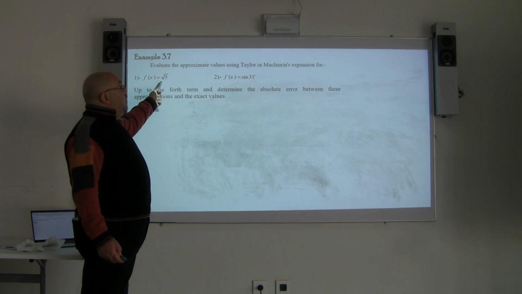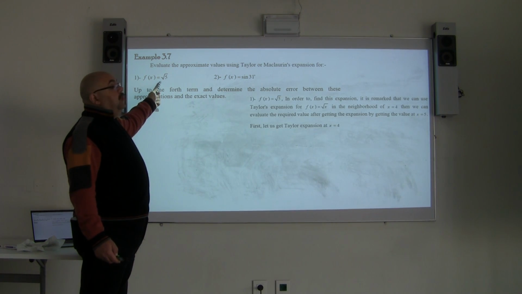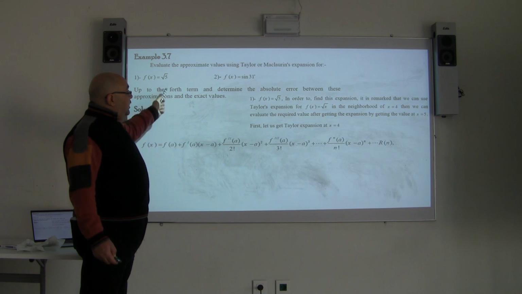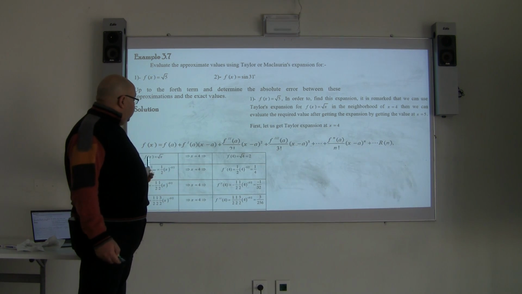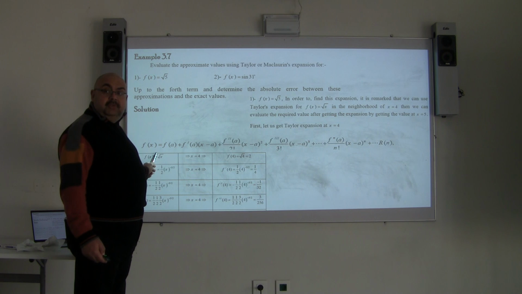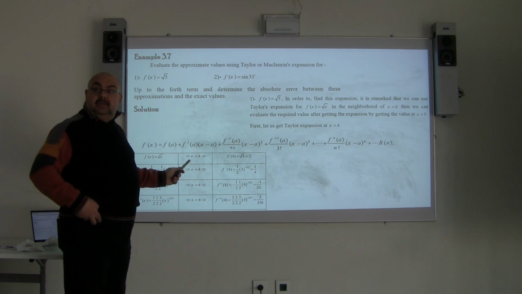For root 5, I will do the expansion for root x, for example. So I will get f of x, f dash x, f triple dash x. This is f of x, which is root x. Do you know how to differentiate root x?